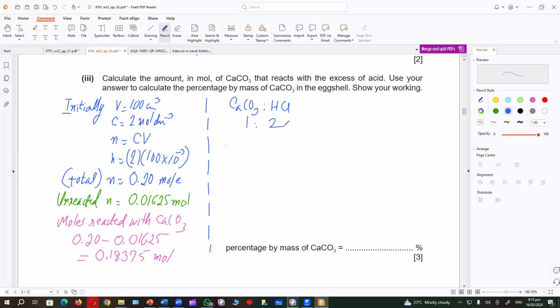So the moles of calcium carbonate will be half of it. 0.18375 upon 2. So half it. It will be 0.091875.